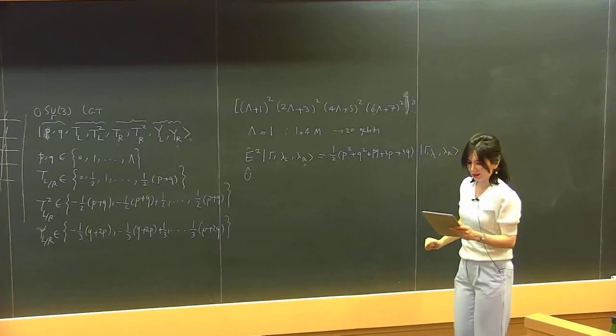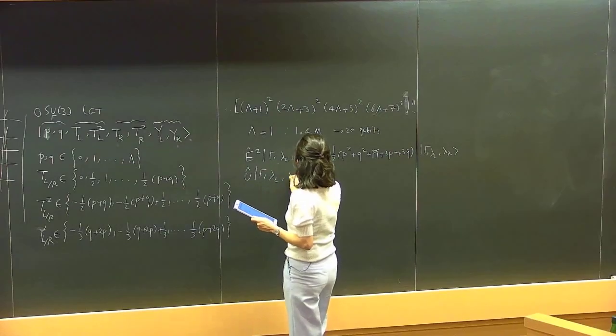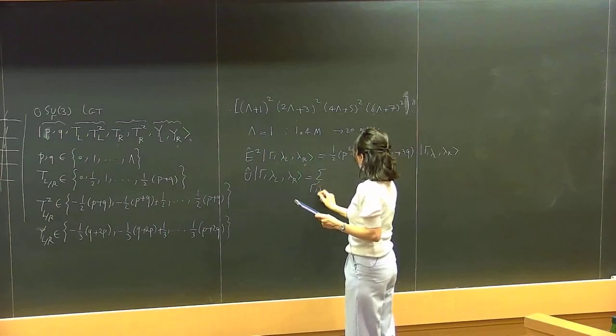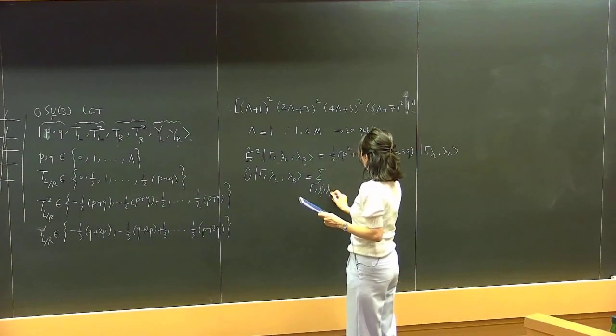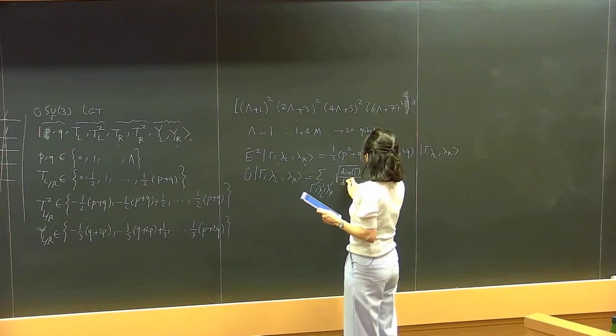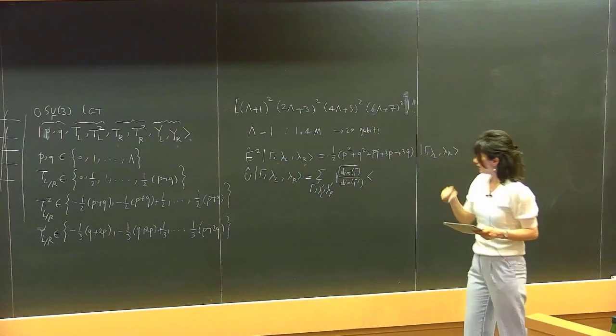And then U on the left and right is going to be the sum over gamma prime, lambda left prime, lambda right prime, and then the dimensionality of gamma over the dimensionality of gamma prime, and a bunch of Clebsch-Gordan coefficients.